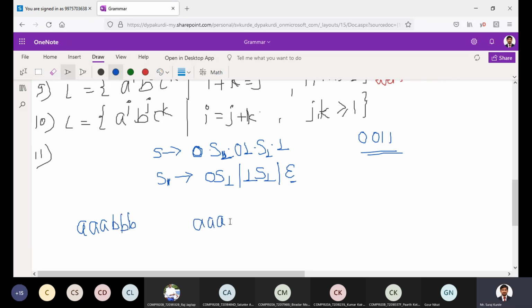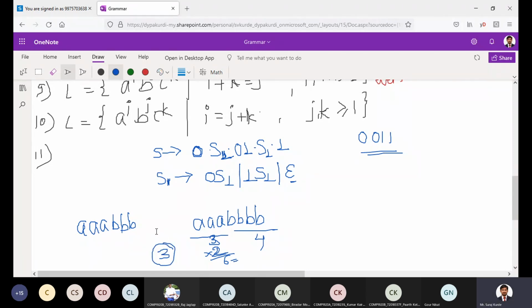It can have 3 A's and 4 B's. So the number of B should be at most twice the number of A. Here 3 is there and it is 4. 3 times 2 is 6. So the number of times B can be repeated is maximum 6 and minimum 3.